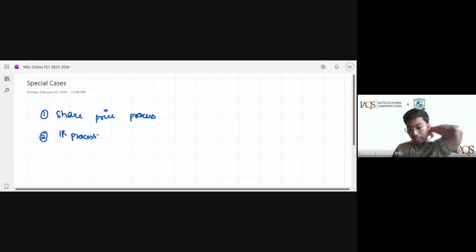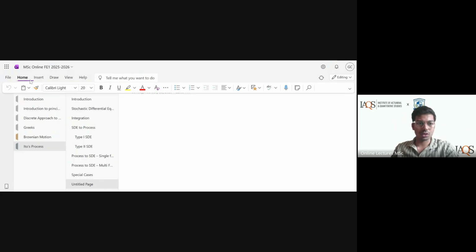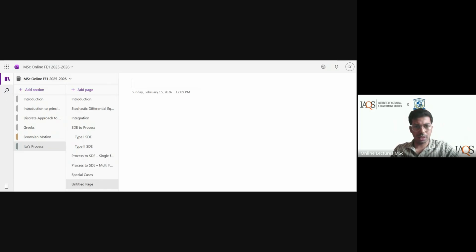In these special cases, we'll see what the models are, what the Brownian motion, SDE process and distribution form look like for the process that I'll use to predict share prices or equities, and what will be the case for interest rates. Let's start with the first special case, which is share price process. Then we can take a break and then complete IR process.